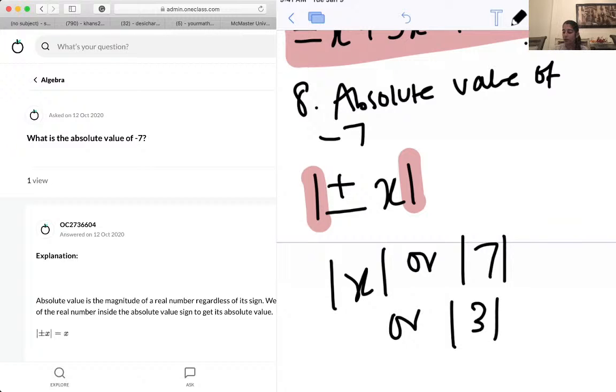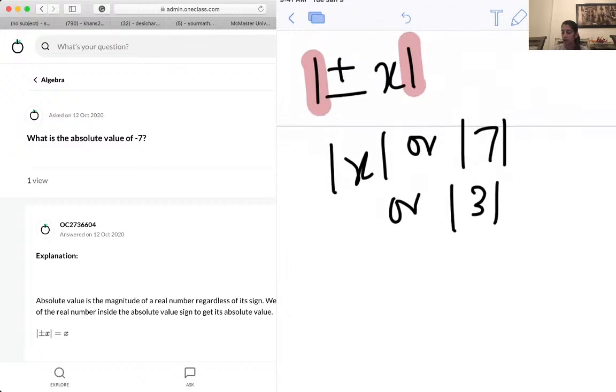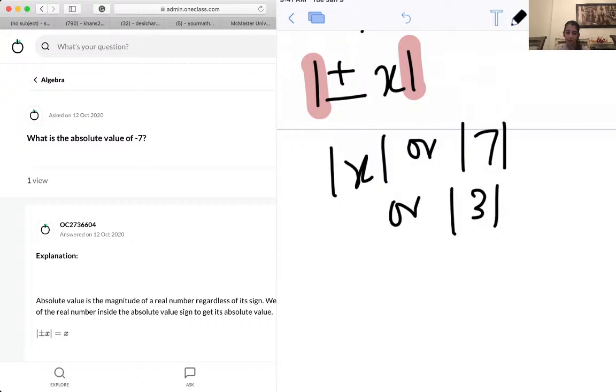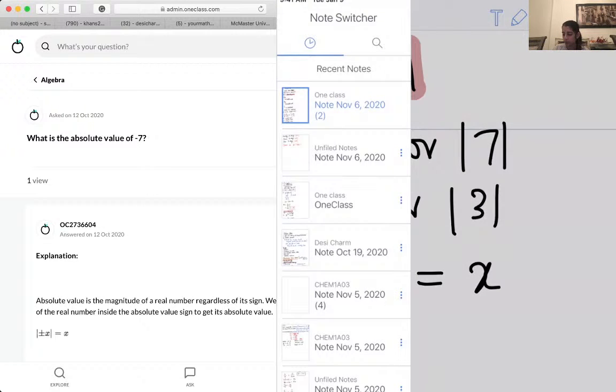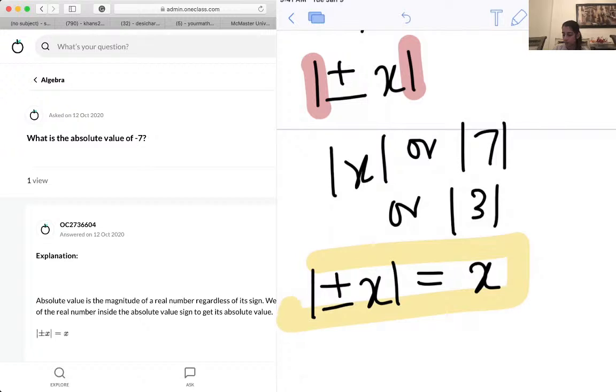So in this situation, the absolute value of plus or minus x is equal to x. It's the formula we're going to be using.